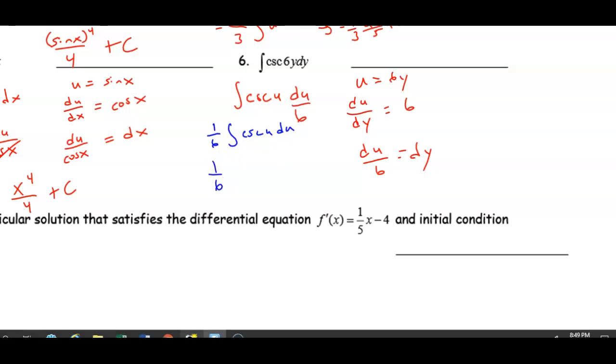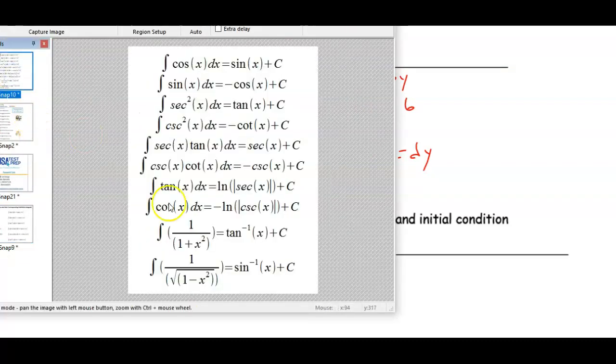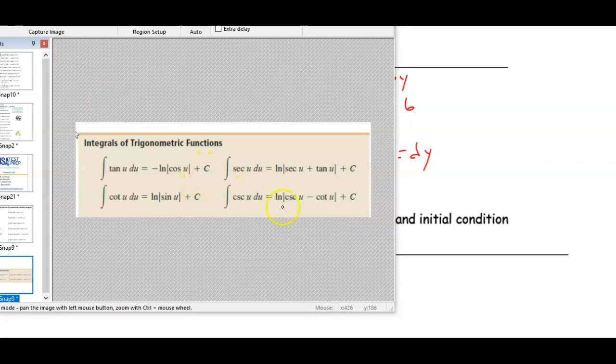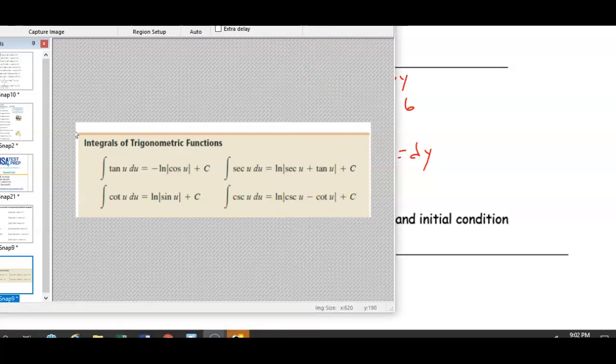So now when we integrate this, we get 1/6 and then cosecant, here we go, the trig, cosecant. Oh, wait. Right here, oh. So look at my chart right here. All right, this was the actual chart from your notes. Cosecant of u is ln of cosecant of u minus cotangent u plus c. So I'm going to go cosecant minus cotangent.